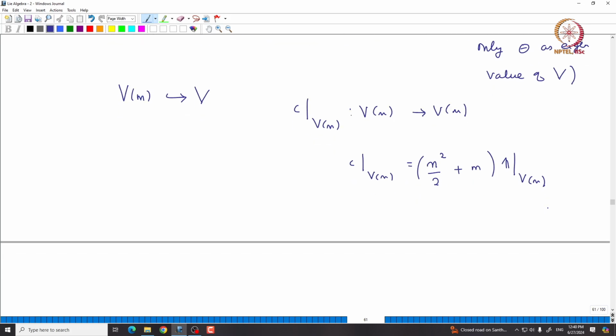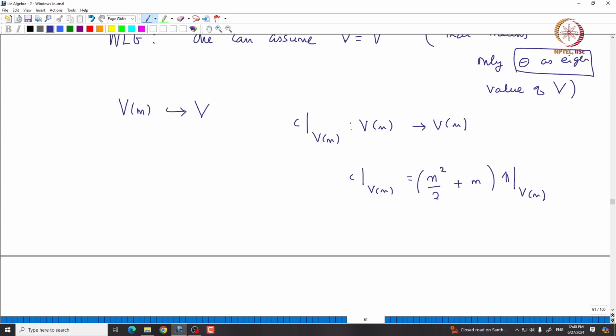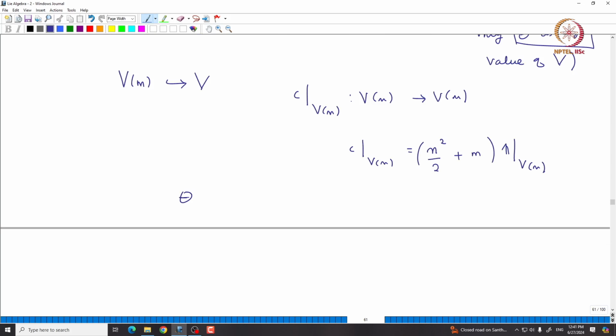But we know that theta is the only eigenvalue that we have on this capital V. Now, m square by 2 plus m becomes an eigenvalue for this operator C on this capital V. So, that forces theta to be equal to m square by 2 plus m.